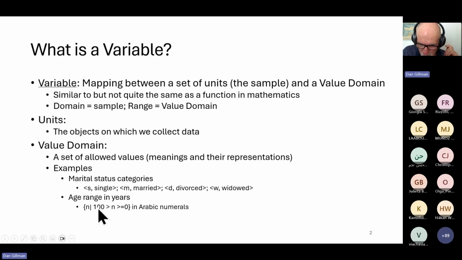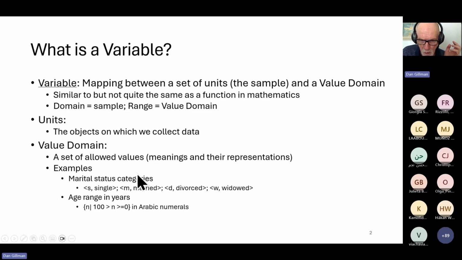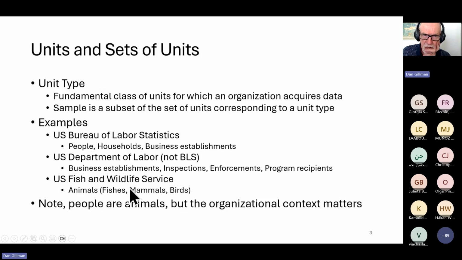Let's say 100 is the oldest, and we could represent that in Arabic numerals. So this is a way to describe variables, and we'll get into more detail as we go.